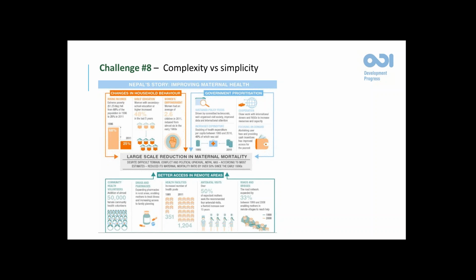And it was quite a challenge to agree which ones should be featured in the infographic, because you don't want to completely overwhelm people with information, but at the same time you don't want to just give a partial picture of the progress that has been achieved and give a misleading picture of that progress because people think it just took 3 or 4 factors to achieve the progress it did. So I will leave you to be the judge of how successful this has been. I think there is still far too much information in there.